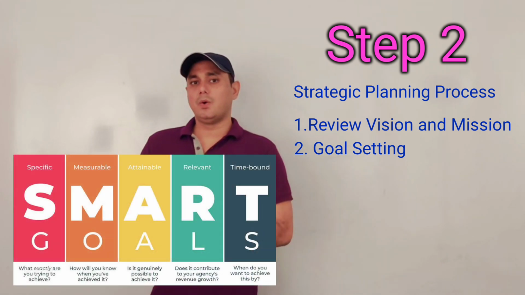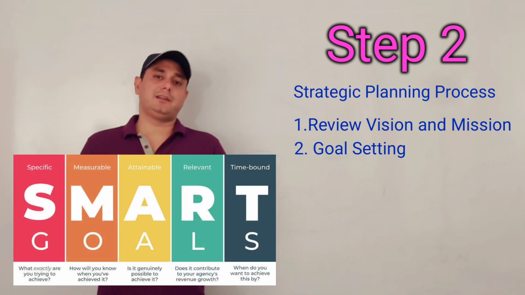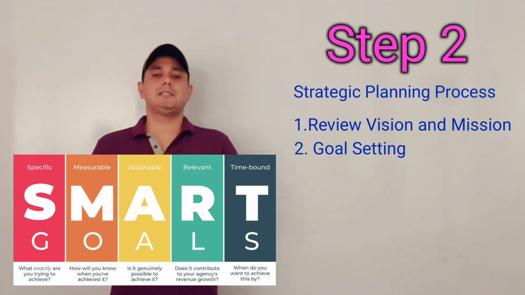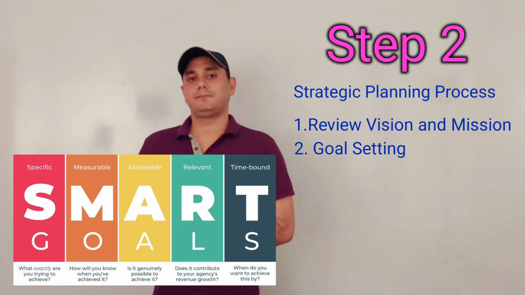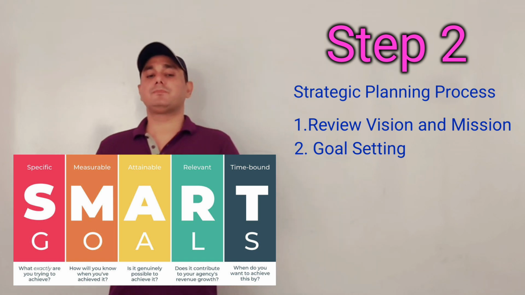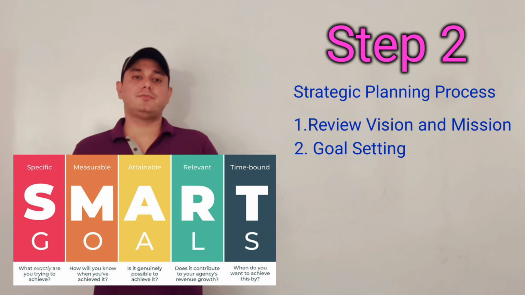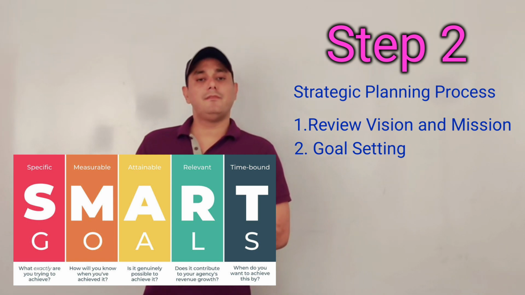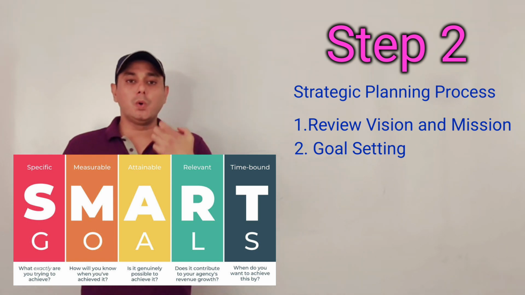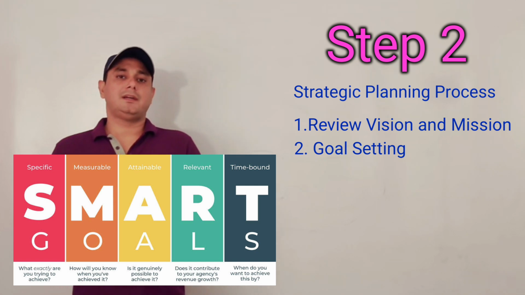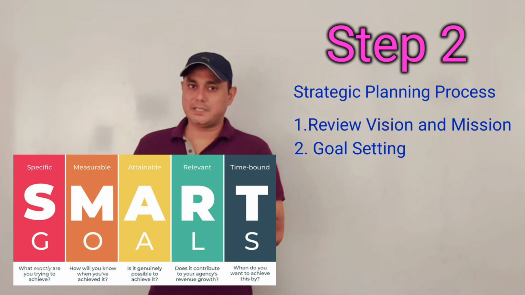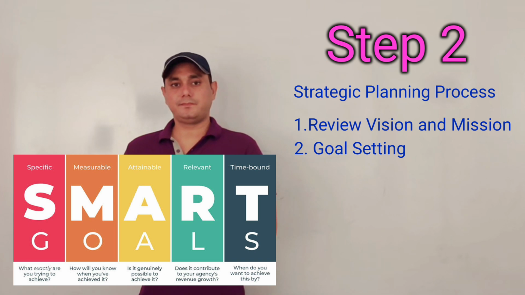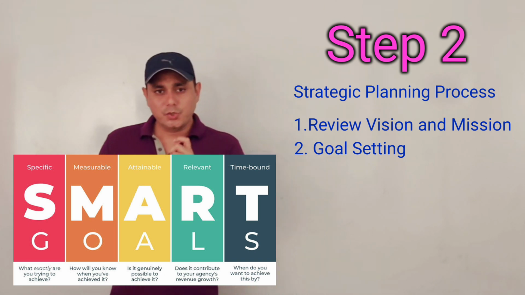While setting the goal, you need to remember SMART. The goal should be SMART. SMART means S for specific. It should be specific. M for measurable. So the goal should be measurable. It can be measured in terms of percentage or whatever. It should be achievable.